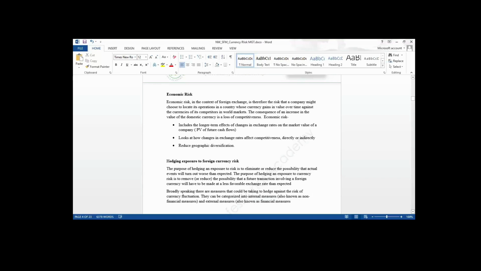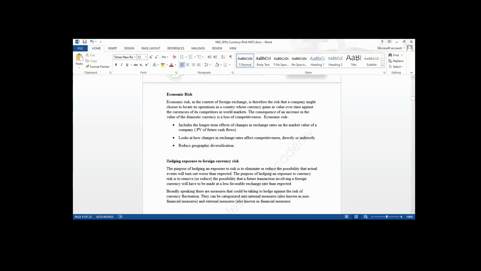I can decide to locate my company in a country where the currency value is higher. This is because if I locate my company in a country where the currency value is weak, I will not be able to compete internationally.